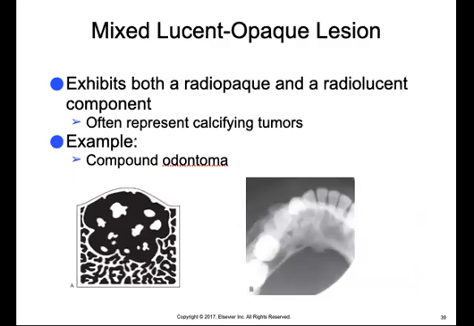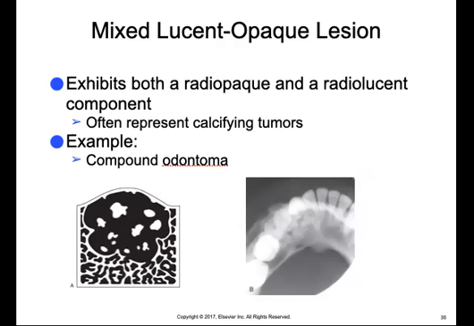A mixed lucent opaque lesion is a lesion that exhibits both radiopaque and radiolucent components. A mixed lucent radiopaque lesion often represents calcifying tumors. Many such tumors appear as a radiolucent area with central opaque flecks or calcifications.